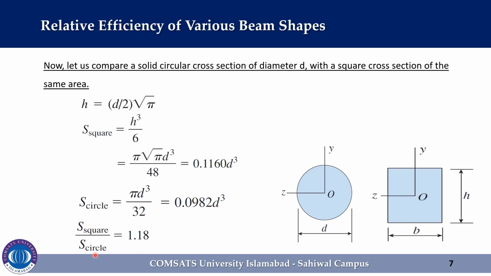So this result shows that a beam of square cross-section is more efficient in resisting bending than is a circular beam of the same area. The reason, of course, is that a circle has a relatively larger amount of material located near the neutral axis. This material is less highly stressed and therefore does not contribute as much to the strength of the beam.